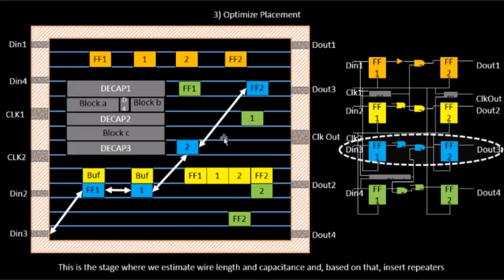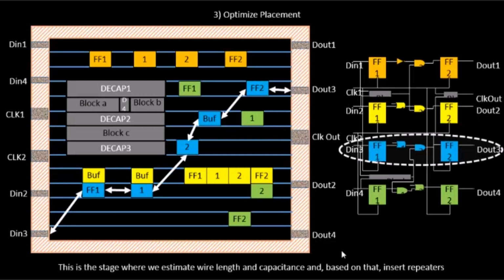Based on the slew analysis, or the data transition analysis, the distance between 2 and flip-flop 2 looks a bit high, so we'll place a buffer over here. Now the distance between 2 and the buffer is one distance, and from the buffer to flip-flop 2 is another distance. Finally, we have flip-flop 2 moving to D out 3, which is also placed sufficiently close to D out 3, and hence we don't need any buffers in this area.